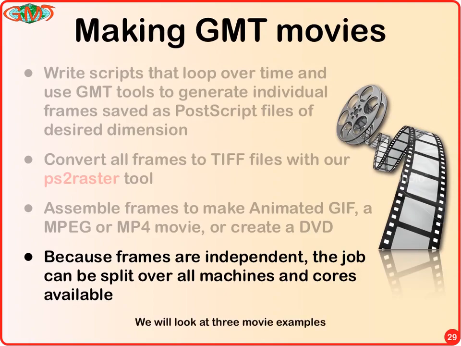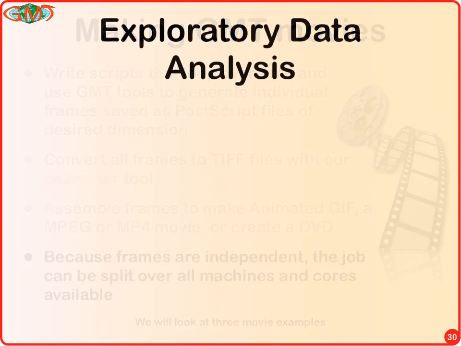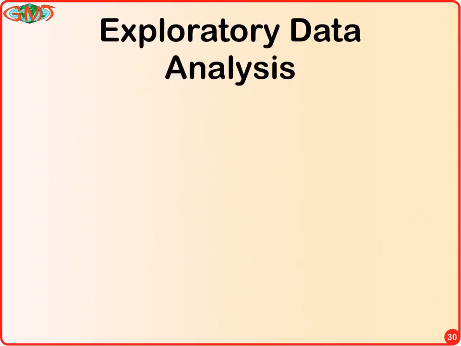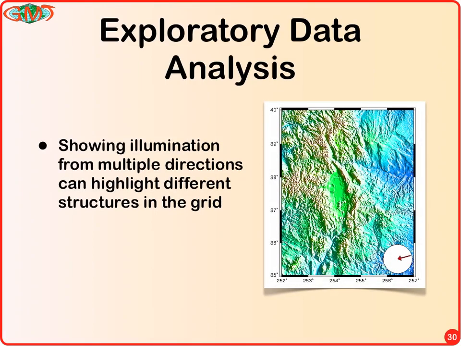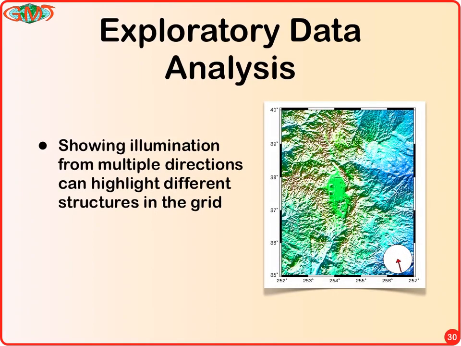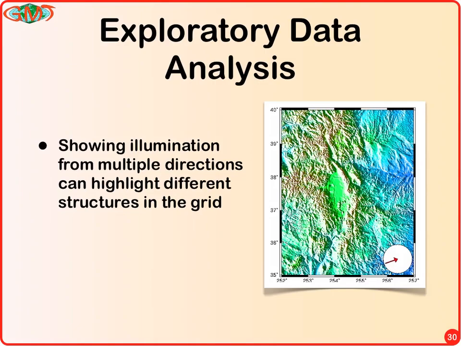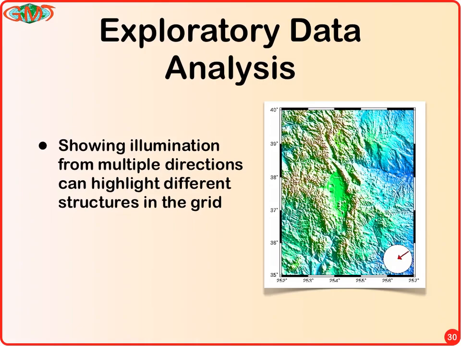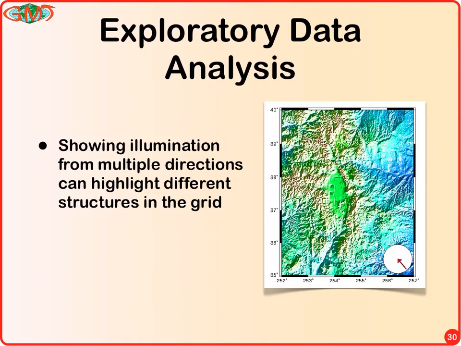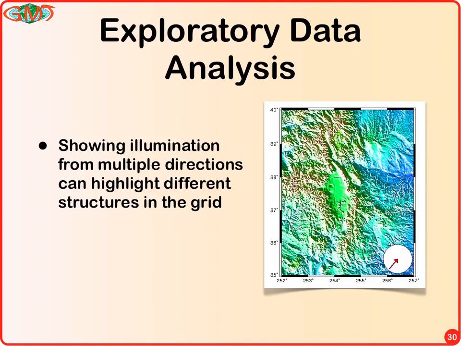So we're going to look at three examples of movies. One is simply repeating that exploratory data analysis with the topography. But this time we're making a movie that changes the viewing angle for the illumination. And as the illumination spins around, you'll see different aspects of the topography being highlighted. Because when the illumination is 90 degrees to some feature, that's when you see the largest effect.